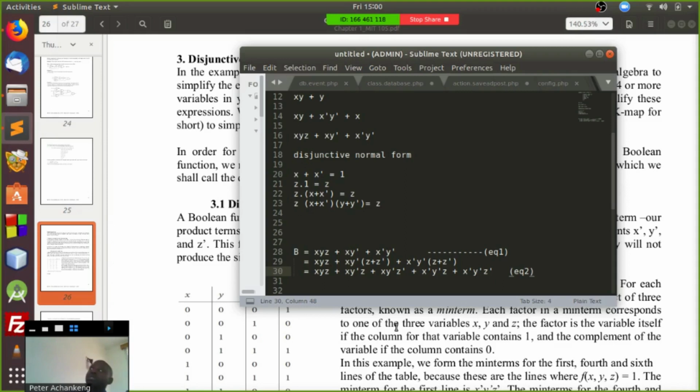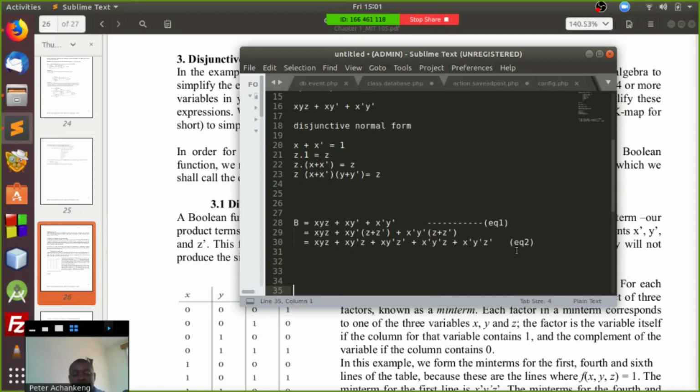A K-map is a kind of table that you draw, and once you draw that table, you'll be able to put some numbers within the table, and it's going to help you simplify the expression. I don't want us to go very, very fast. I want to give another expression and ask the students to see if they can put that expression in disjunctive normal form.